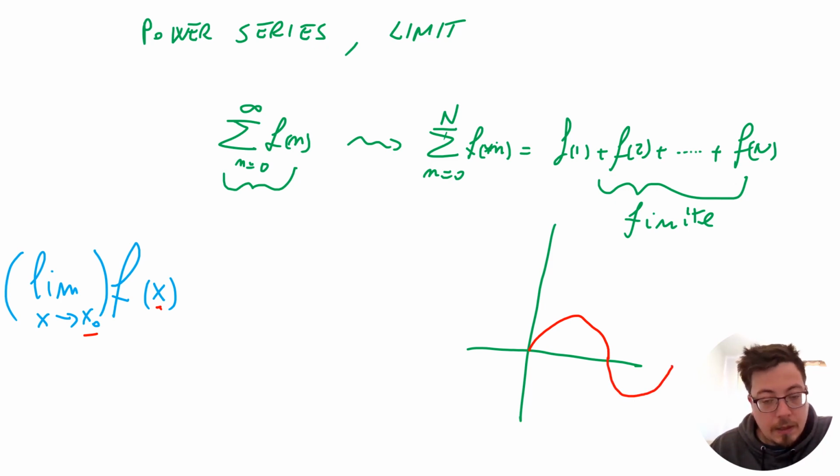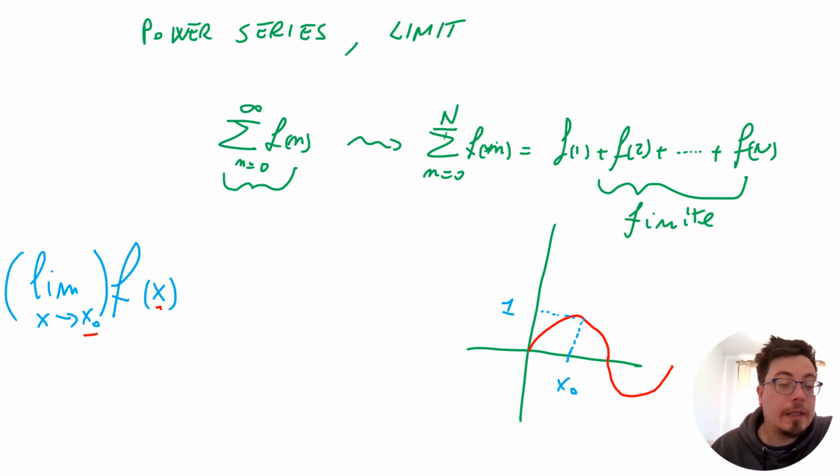Okay, and then we have x0, which is this point here, which can correspond to, for example, 1. But this is an easy one because we know that x0 will be pi over 2 in this case, so we know the number.